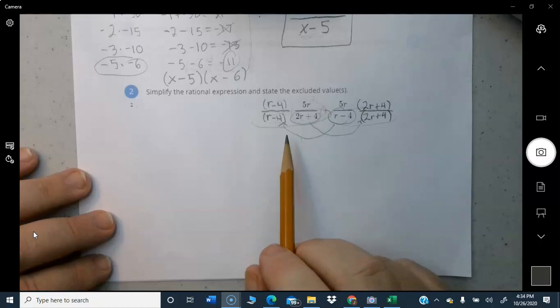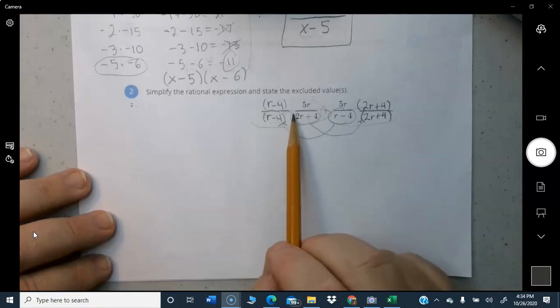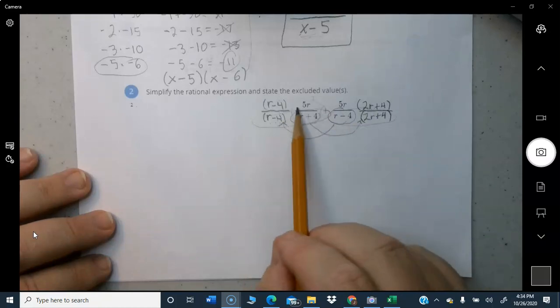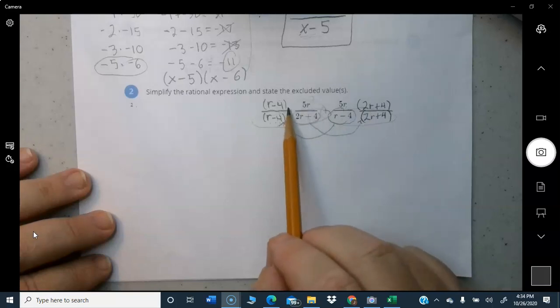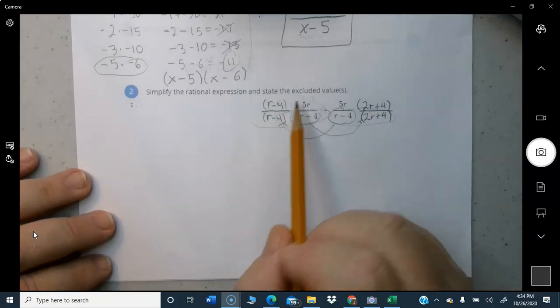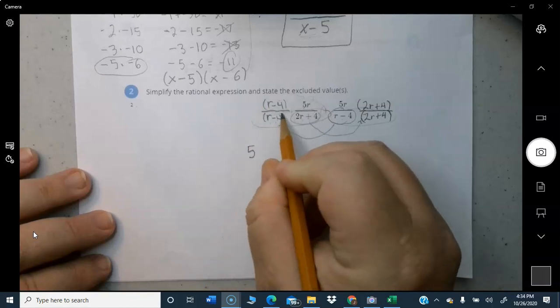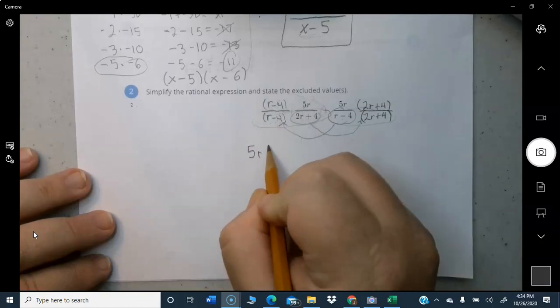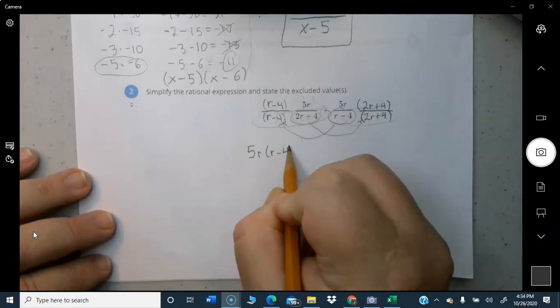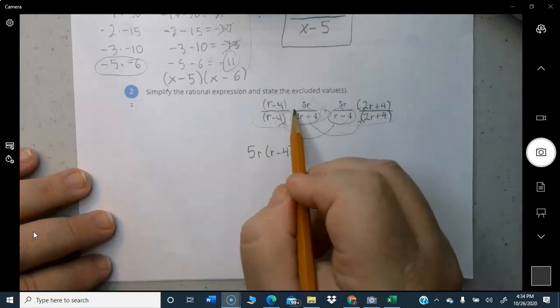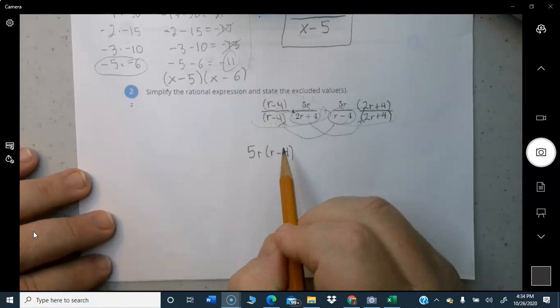So what you're going to do now is you're going to multiply out, expand out these up here. So this is going to be 5r times r minus 4. I just switched the places of these two. That's okay because it's a multiplication right there.